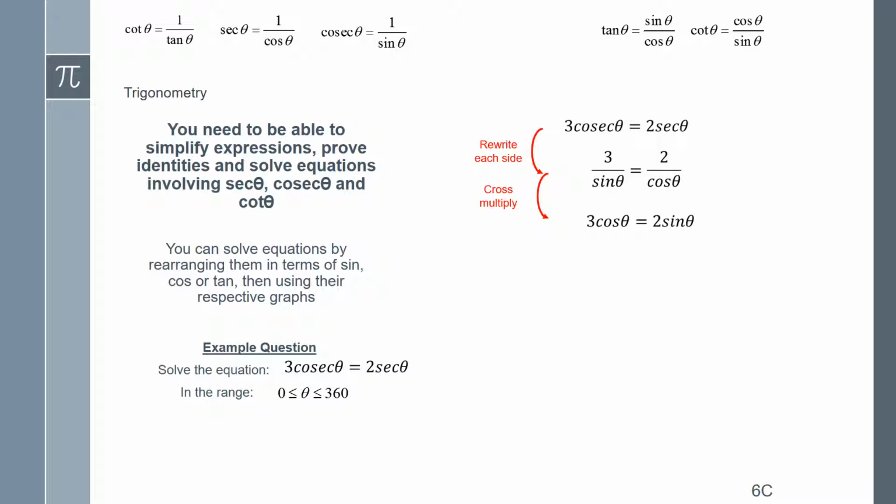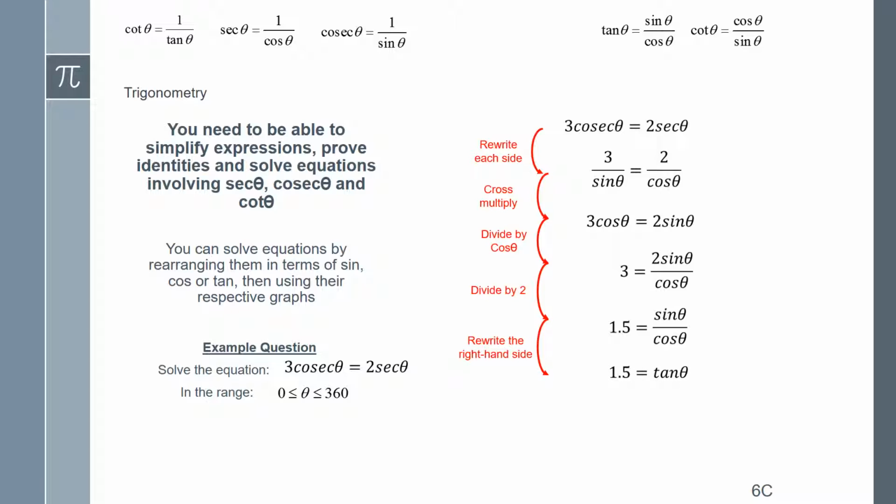Well, we're getting somewhere now. We should probably divide, because we seem to have 2 different ratios in this question. It would be much easier with one ratio. If we divide by cos theta, we get that 3 is 2 sine theta over cos theta. Then we can divide by 2 to say 1.5 is sine theta over cos theta. And then we can say, hang on a second, sine theta over cos theta, that's tan theta. So tan theta is 1.5.